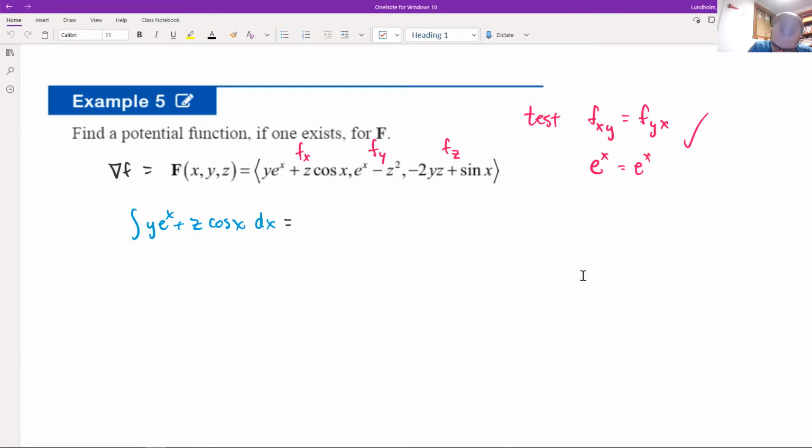The integral of e to the x minus z squared dy, and that could be equal to the integral of minus 2yz plus sine x, dz. We want all these antiderivatives to be equal because we're undoing the partial derivatives that were already done.